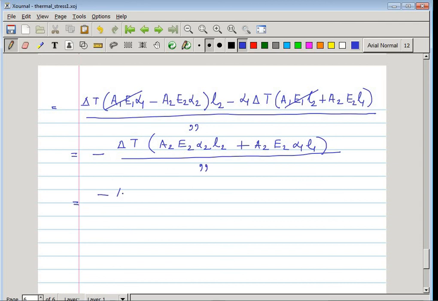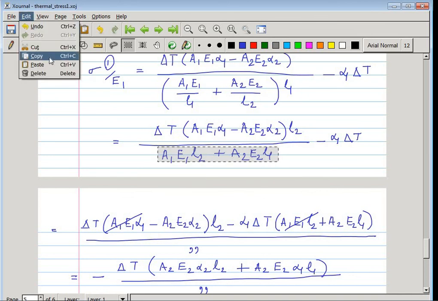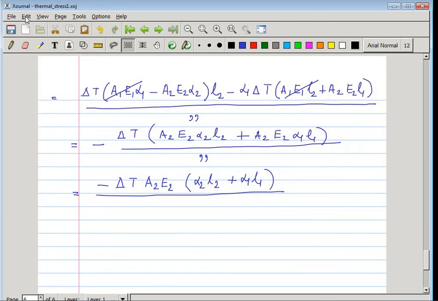So this is minus delta T, here A2 E2 alpha 2 L2 plus alpha 1 L1 divided by this denominator. So this is the value of stress.